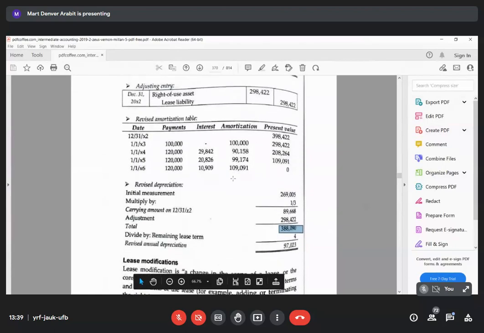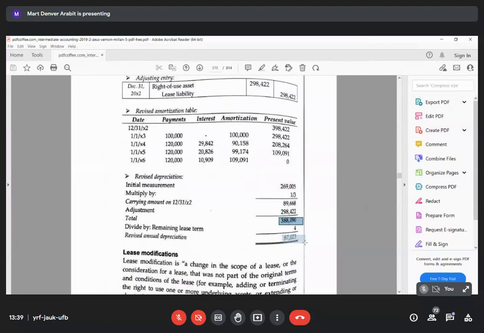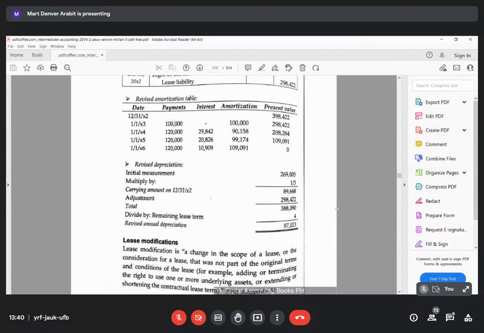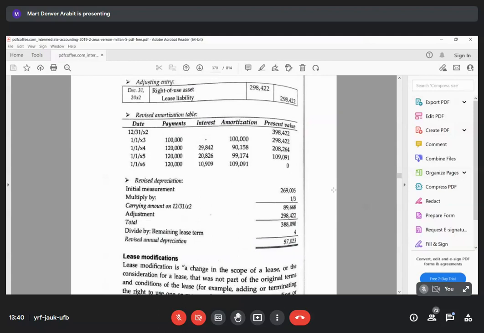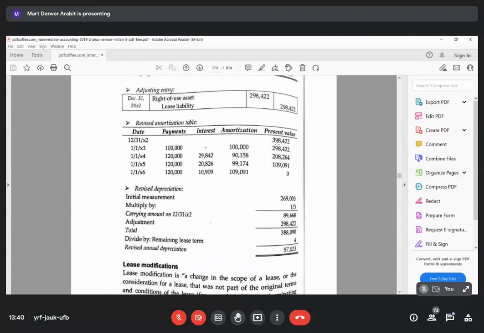So the revised annual depreciation will be, ito na siya. So from 89,668, naging 97,023 na siya for the remaining 4 years. Okay, so that's how you compute if there is a reassessment. Question? Okay, if none, let us continue.